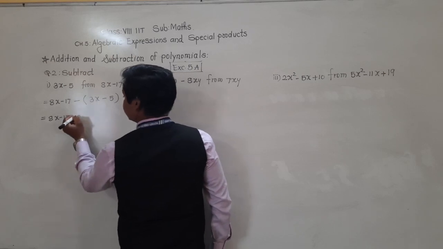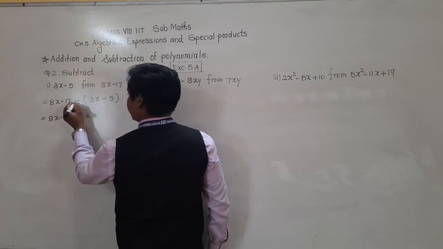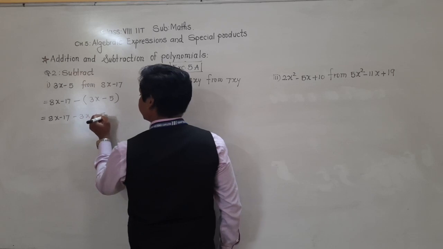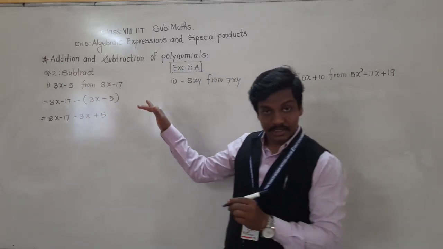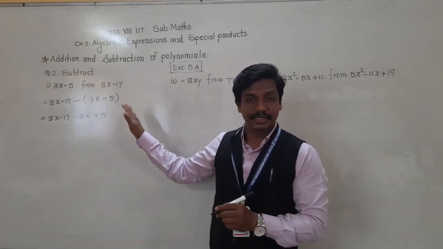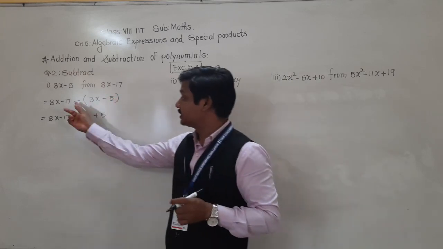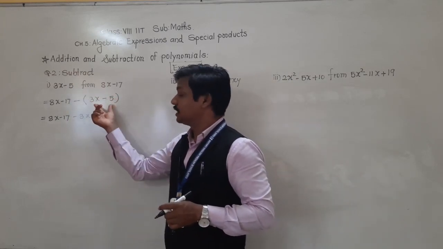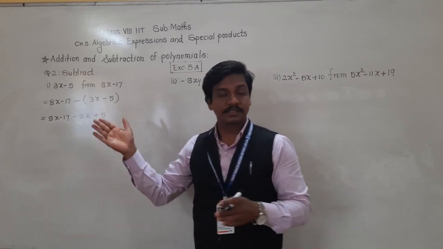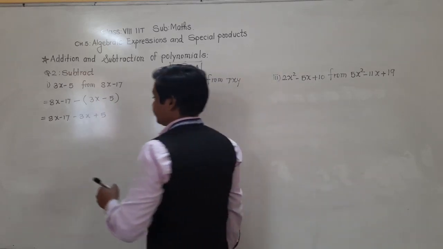Minus and plus, minus 3x. Minus minus plus 5. Okay. So these changes will be there due to the bracket. So be careful. When there is subtraction, the second expression which you are going to write must be kept in the bracket.